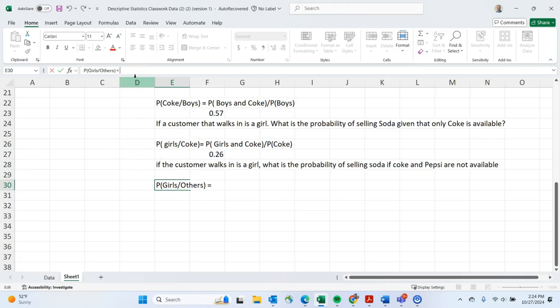In this case, we find the joint probability between girls and others, divided by the probability of others.